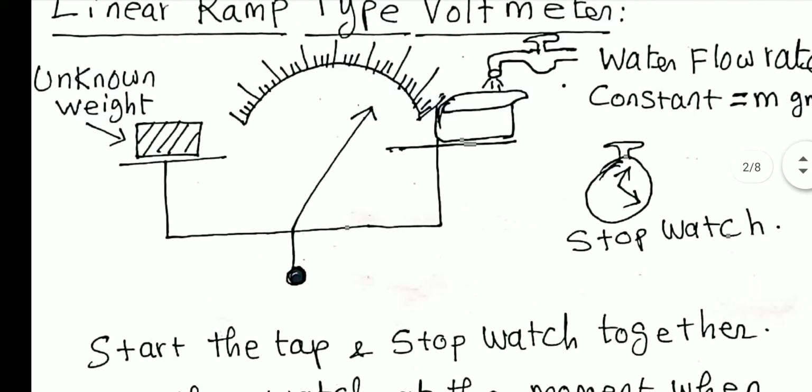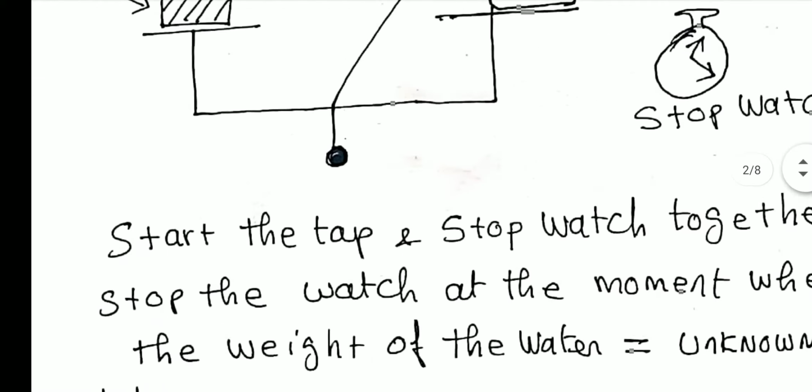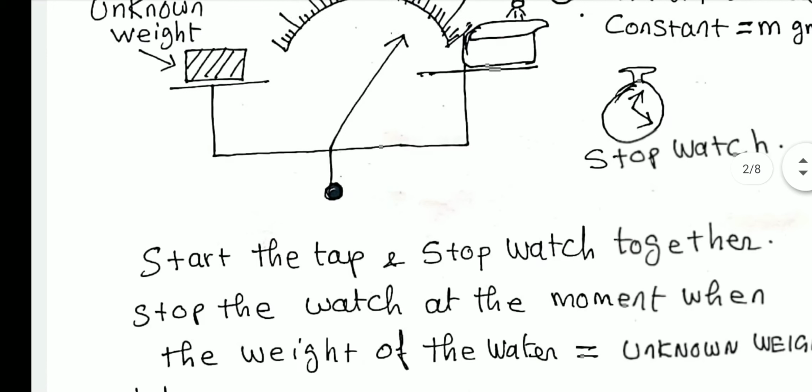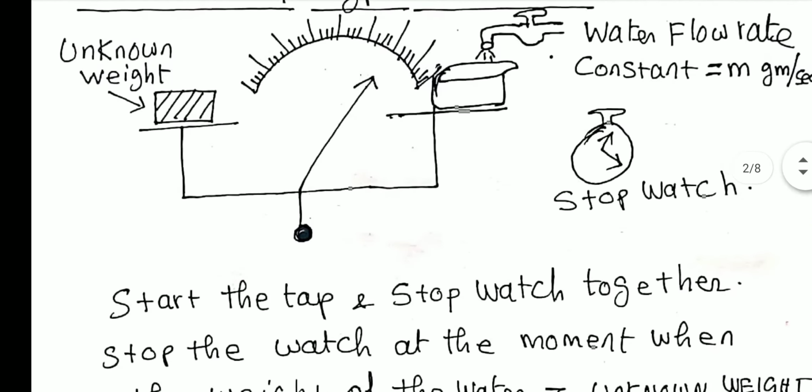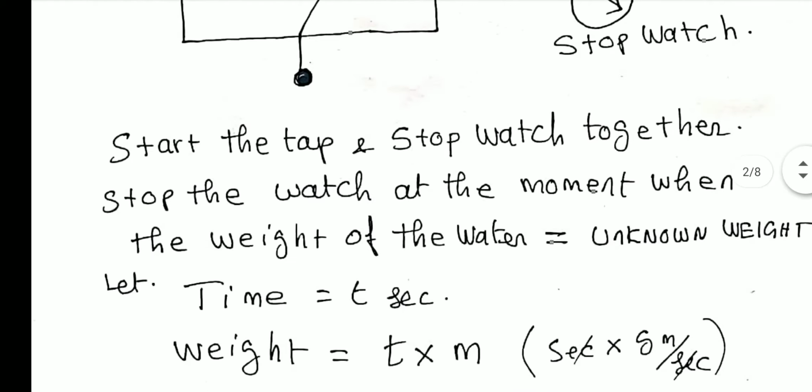As the water level increases in the empty vessel, at one point the mass of the right pan will increase. When the mass of the right pan becomes equal to the mass of the unknown weight, stop the watch and measure the time t.